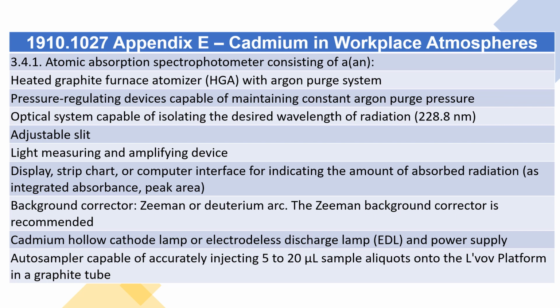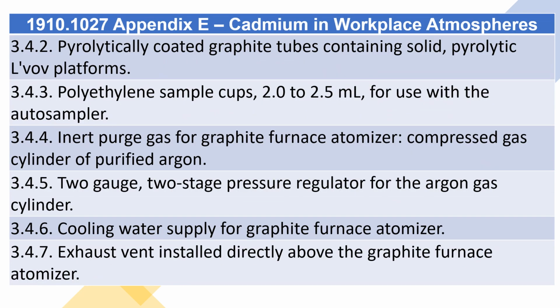Cadmium hollow cathode lamp or electrodeless discharge lamp, EDL, and power supply. Autosampler capable of accurately injecting 5 to 20 L sample aliquots onto the LOF platform in a graphite tube. 3.4.2. Pyrolytically coated graphite tubes containing solid, pyrolytic LOF platforms. 3.4.3.